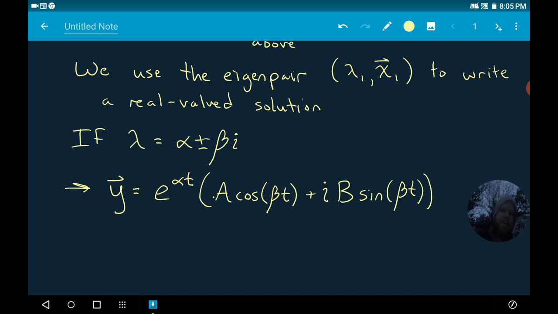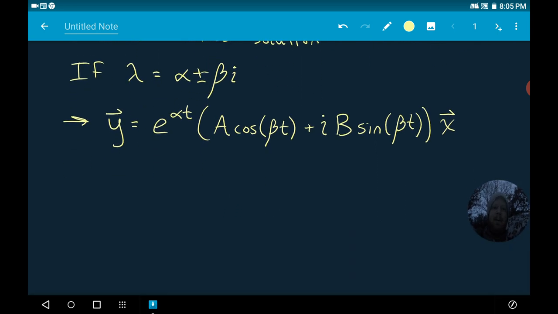And this whole thing, again, is a vector, so this whole solution is going to be multiplied by the eigenvector. Okay. So let's see what this looks like when we fill everything in.